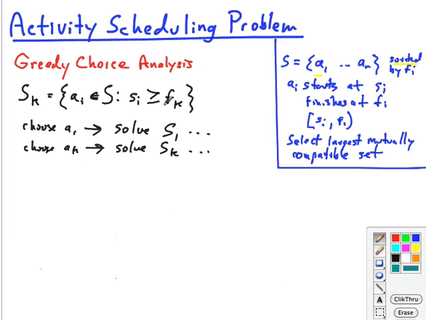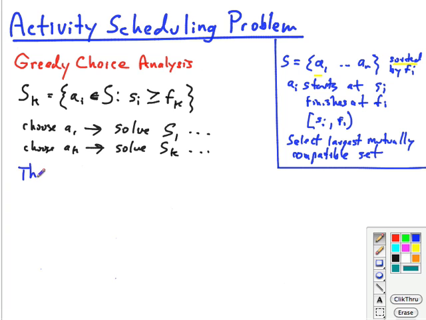So by optimal substructure, which we've already shown, if one of these items, a sub 1 or a sub k, is part of an optimal solution, then the optimal solution to the original problem consists of that choice plus all the activities in this set, which are the remaining items that are available. We do have to prove that a sub 1 is always part of some optimal solution. And if we do this, of course, recursively, once we take a sub 1 out, this will apply to all the other ones that then become the first item in the list.